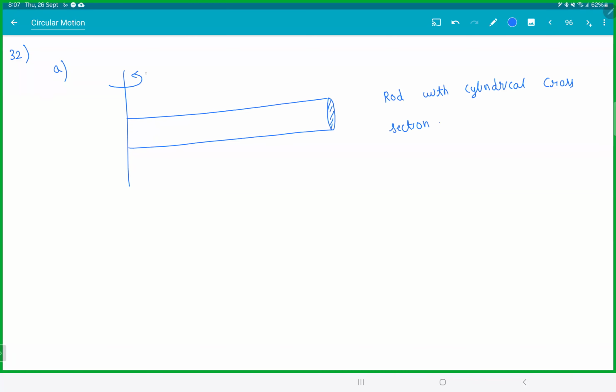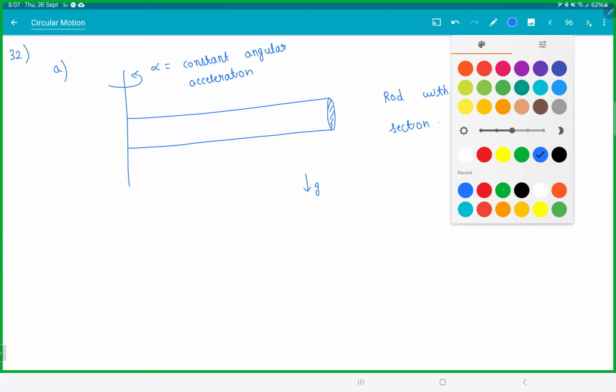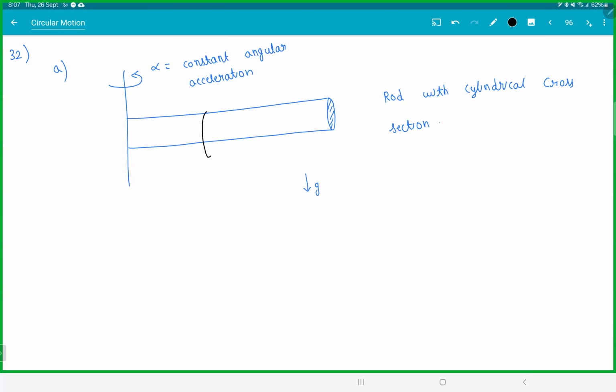Someone started rotating this with alpha. It's a constant angular acceleration. Gravity is there. Now on this rod, someone kept a ring.